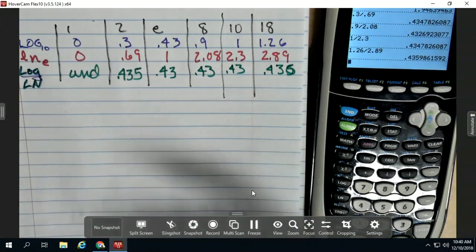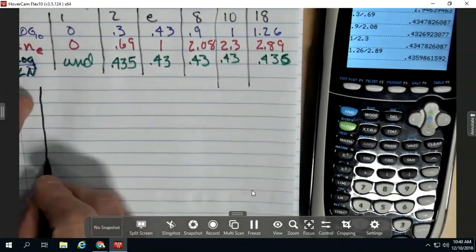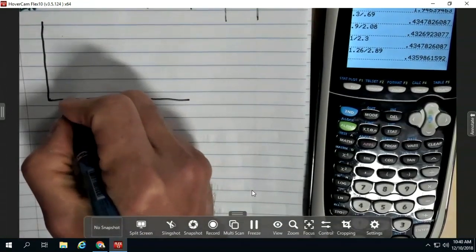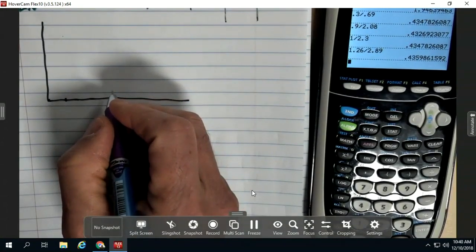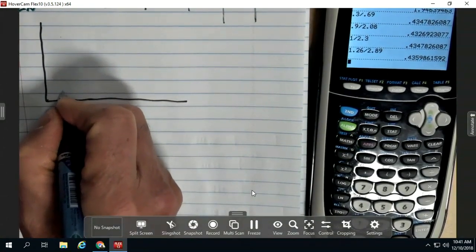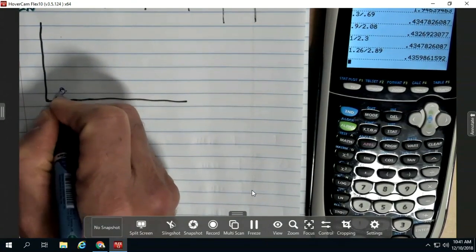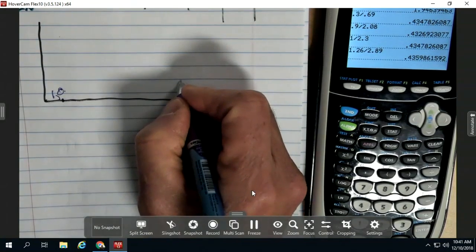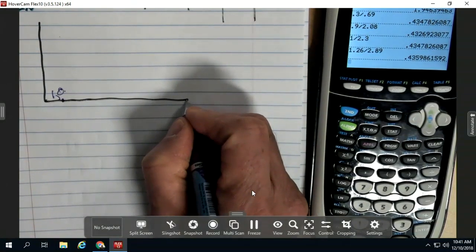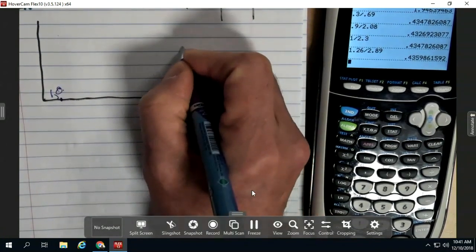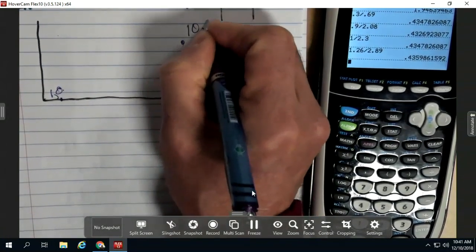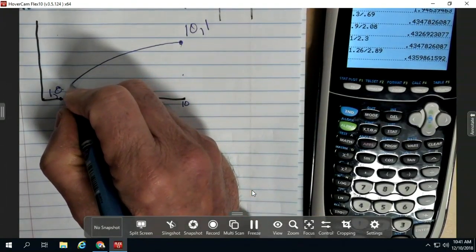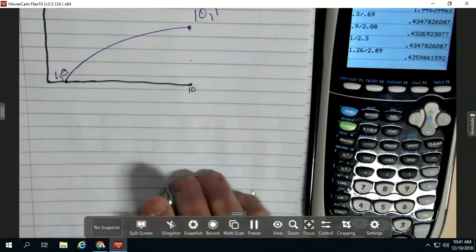Think about it this way. If we were going to graph them, they're both going to go through the point over 1, up 0. Log base 10 is going to go through the point over 10, up 1. Okay, so it's going to come like this, right?